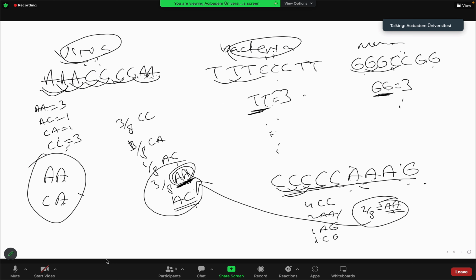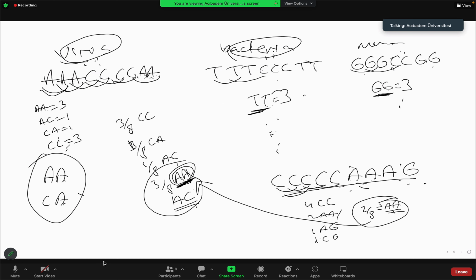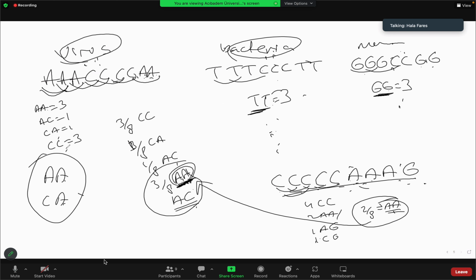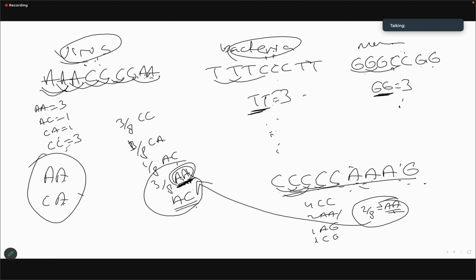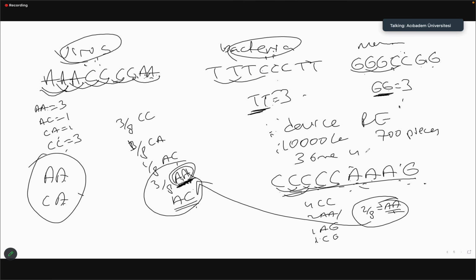There will be 2 questions on the digestion scheme so that you get 1,000-long fragments type of things. For those you need calculators, but you can do it easily on your own. It's a digestion scheme using restriction enzymes to cut 100,000-long DNA into 700-long pieces, so I will use 3 6-mers and 4 8-mers.